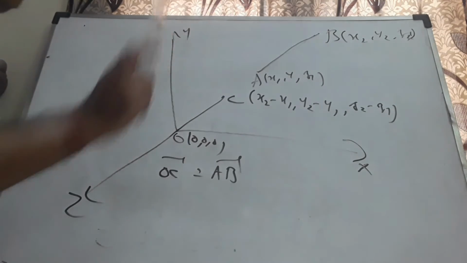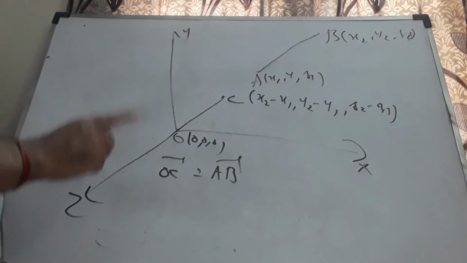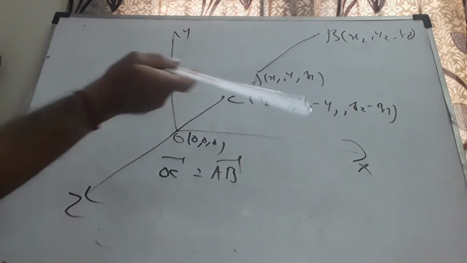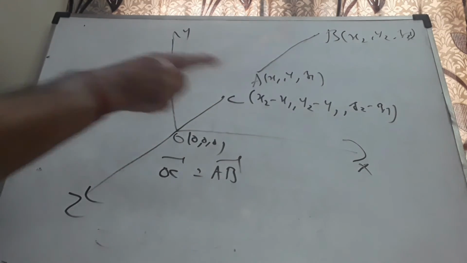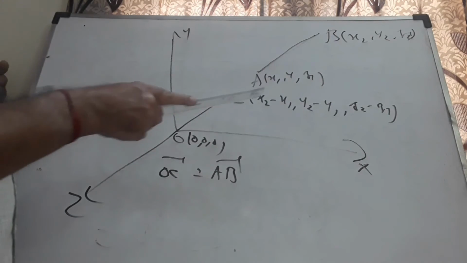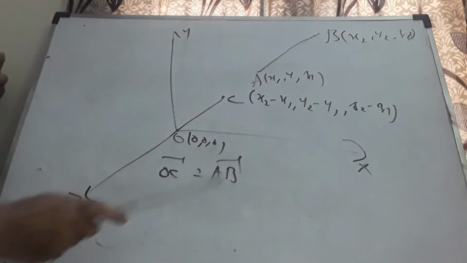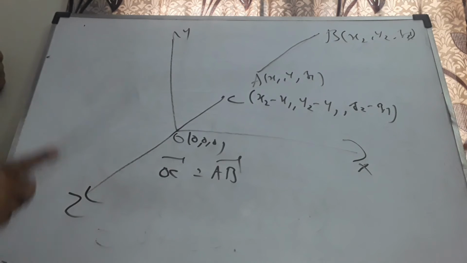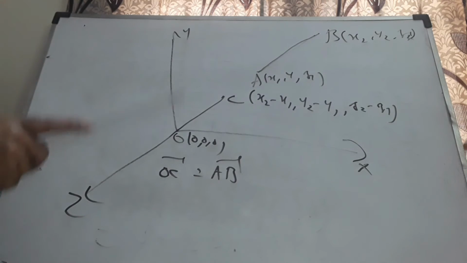For the parallelism to be maintained, the same quantity should be subtracted from each and every point of the given segment. Otherwise, the parallelism won't be maintained; the direction will get changed. Therefore, with this argument, my point C will automatically become x2 minus x1, y2 minus y1, z2 minus z1. Now, OC and AB are equal. Therefore, they have the same direction and the same magnitude. Magnitude, modulus, everything will be the same.